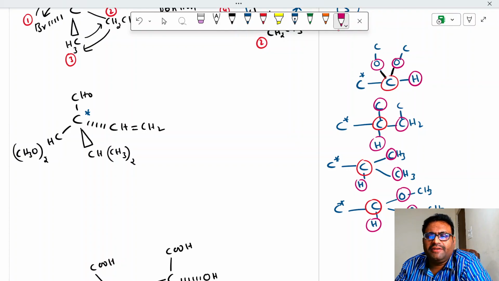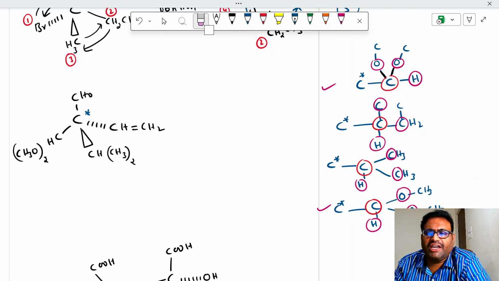Okay. So if you see this, this one and this one, after carbon, two oxygens are there. After carbon, who is there? Oxygens are there. But which is very much similar in both.